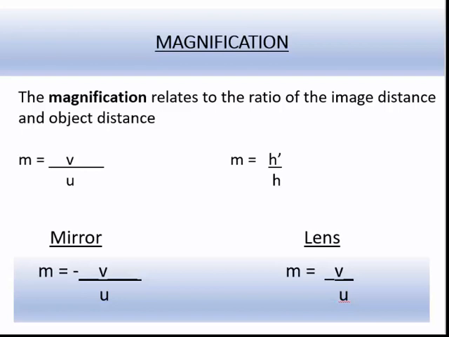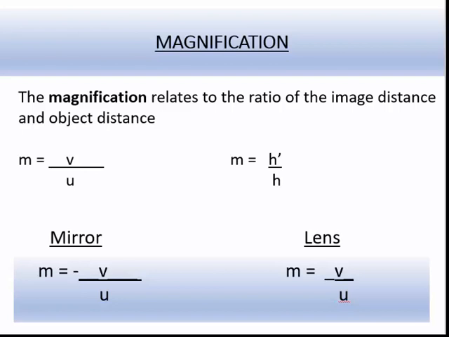Now that you have learnt about the various sign conventions which are being used in case of spherical mirrors and lenses, it is very important for us to know the concept of magnification. Now, magnification relates to the ratio of image distance and the object distance, which means it is a ratio of image distance to that of the object distance.